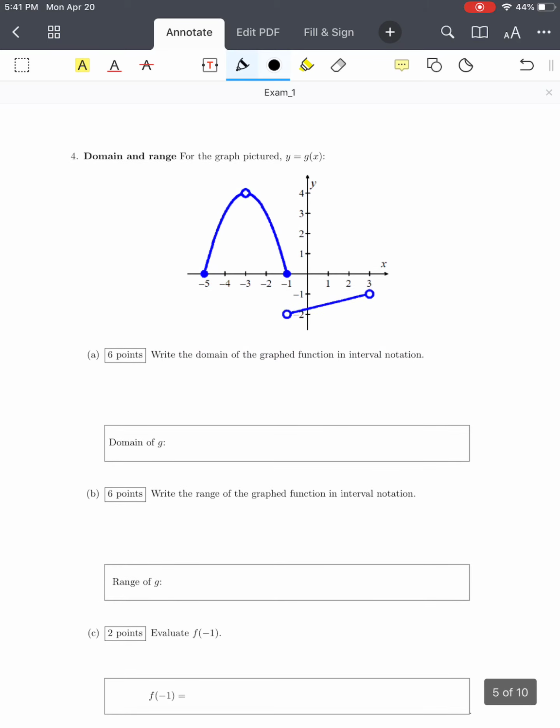Okay, so problem 4. Write the domain of the graphed function in interval notation. So remember, whenever there are open circles, that means the function is not included right there. It looks like the domain goes from negative 5 to negative 3, negative 3 to negative 1, then negative 1 to 3.